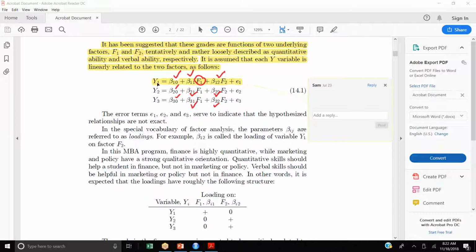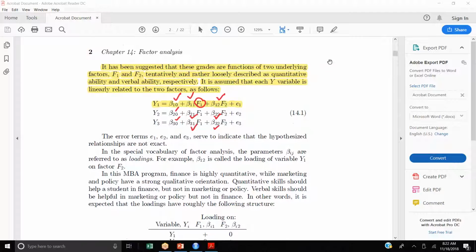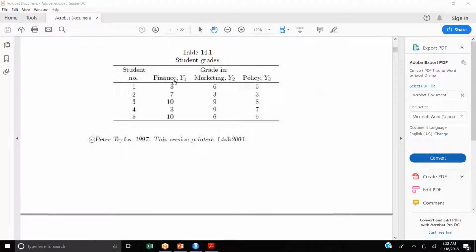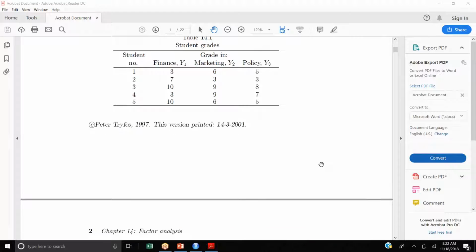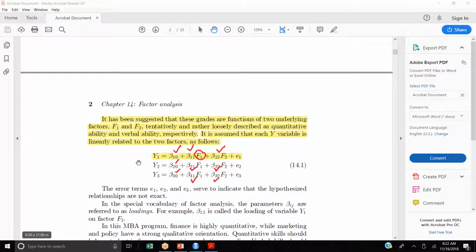Okay, fine. So what I said is there are 3 scores only we are measuring here, in this example, that is finance, marketing, policy. Maybe fundamentally they may have F1, F2 as 2 dimensions, explaining these 3 scores with these parameters. We don't need more than that, possibly.